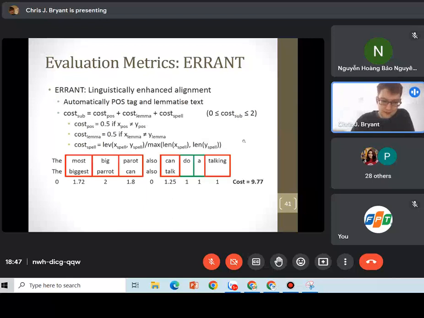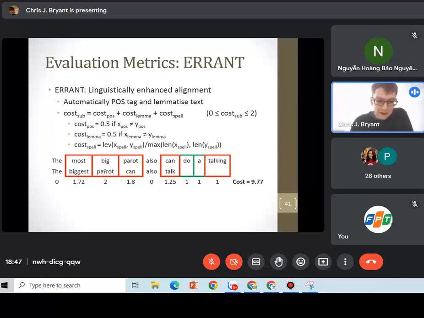And to give an example of how that works, if we align most with biggest, the parts of speech are different, so that's 0.5. The lemmas are different, so that's 0.5, making 1. And the characters, I mean, both words end with ST, but the rest is different, so that's still quite a heavy cost. So total cost 1.72.